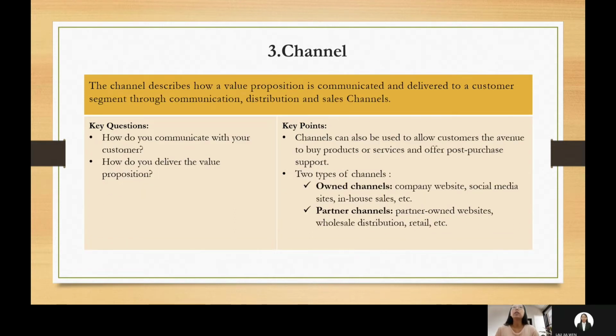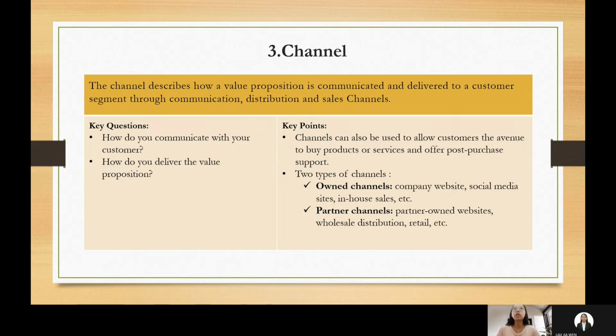Thirdly is the channel. The channel describes how a value proposition is communicated and delivered to a customer segment through communication, distribution, and sales channels. Channels can also be used to give the customer an avenue to buy the product or services and offer post-purchase support.